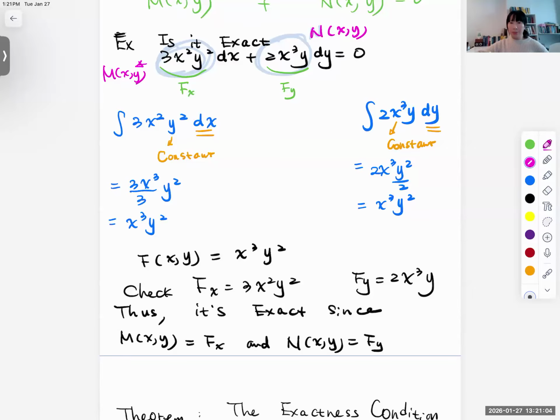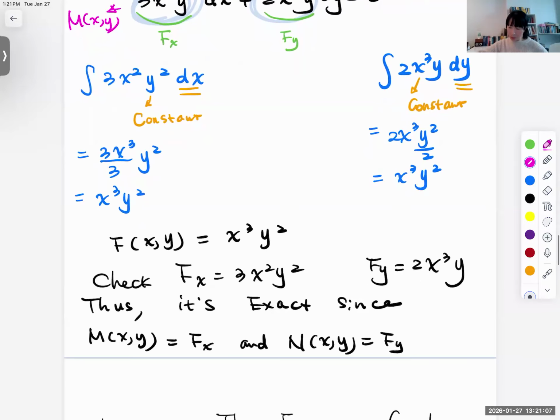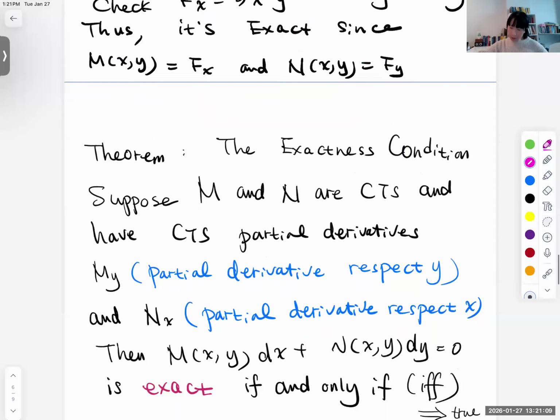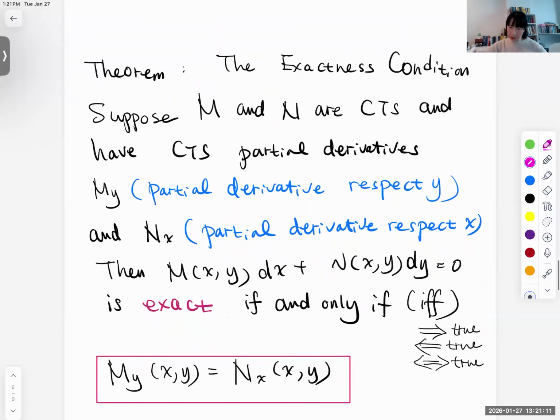Now we have a theorem here. From previously, we have exact, right?